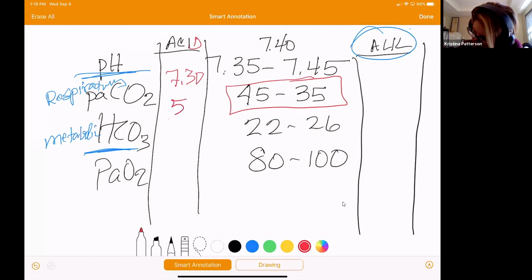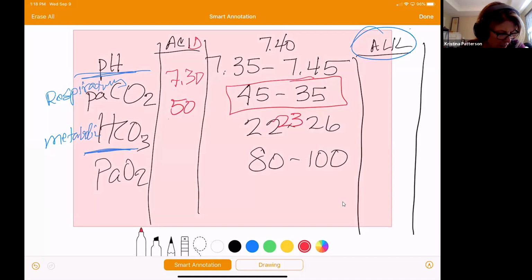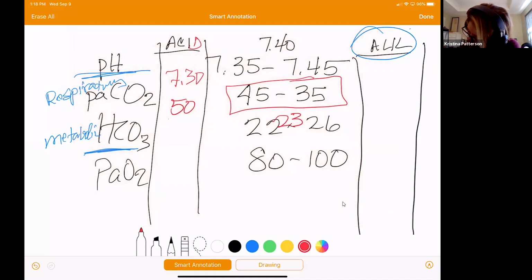That's here, greater than 45. And we have a bicarb of 23. And we have a PaO2 of 75%. Okay, so here is our match.